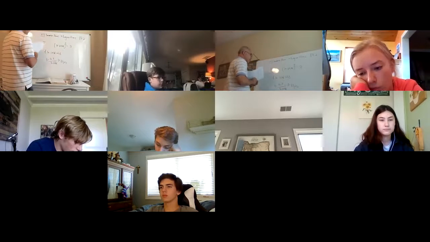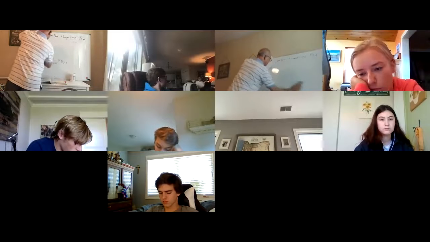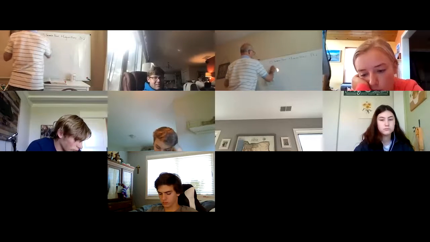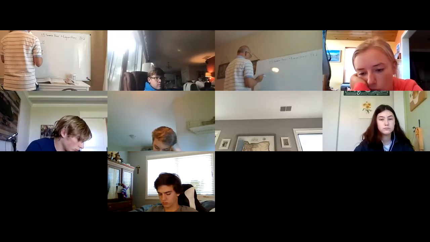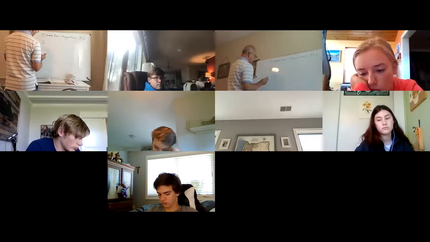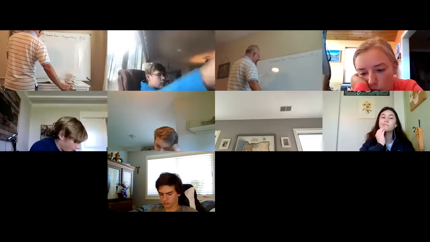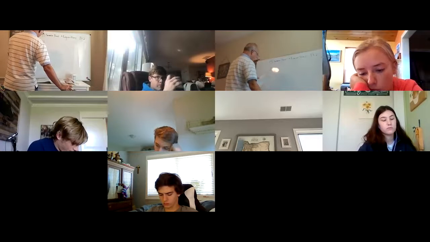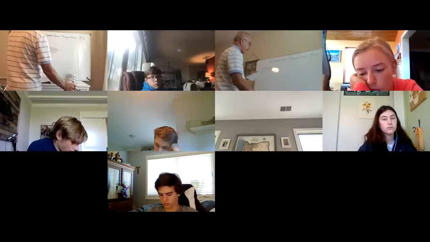Number 7. Half-life of an element is 3.2 times 10 to the 11 years. How long does it take for a sample to decay to 3/5? So it's not quite 1/2, right?